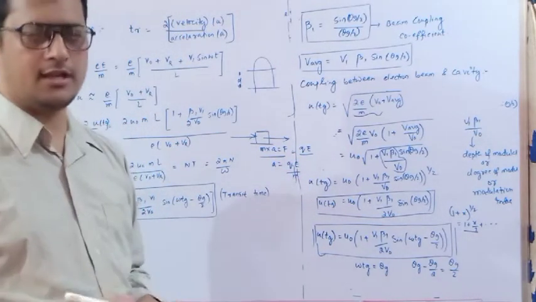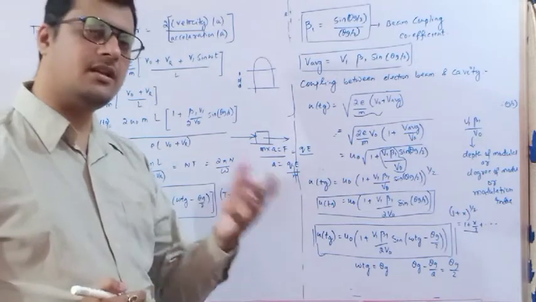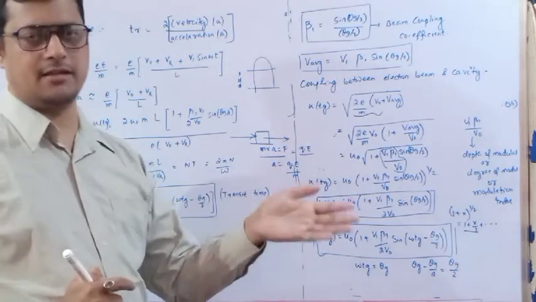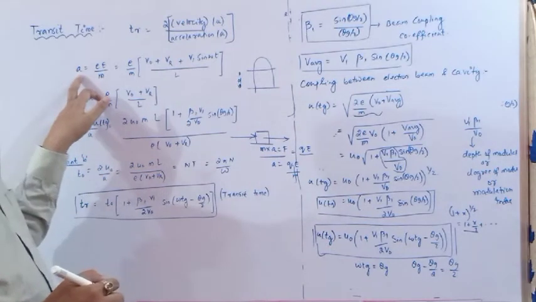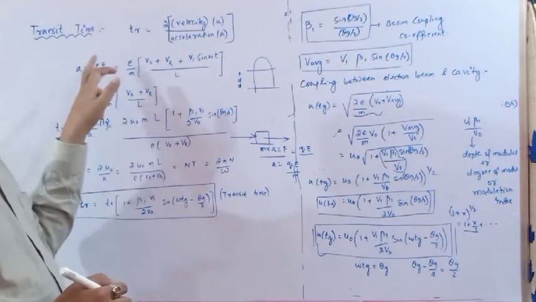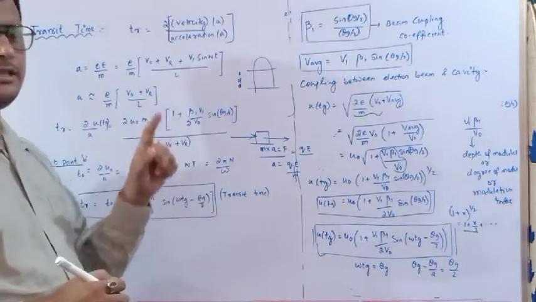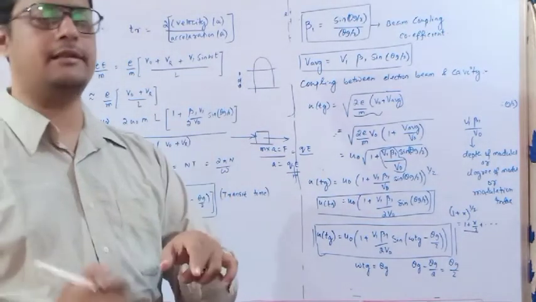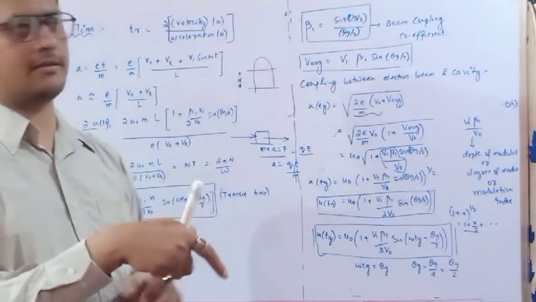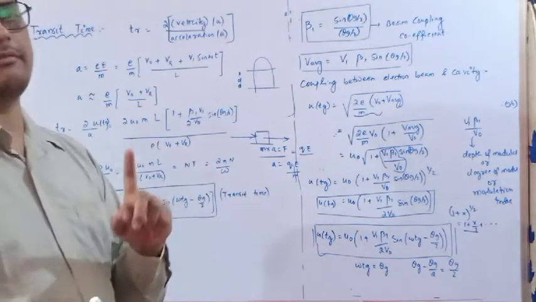So this is a small relation. Q is nothing but the electronic charge, represented by e. So here I have written a = eE/m. Small e is the charge of an electron, capital E is the electric field exerting on the charge, and m is the mass of an electron.